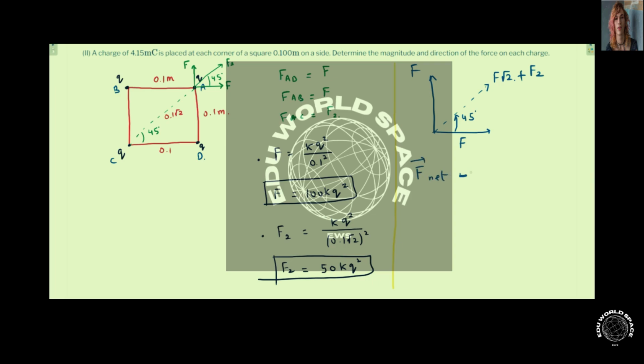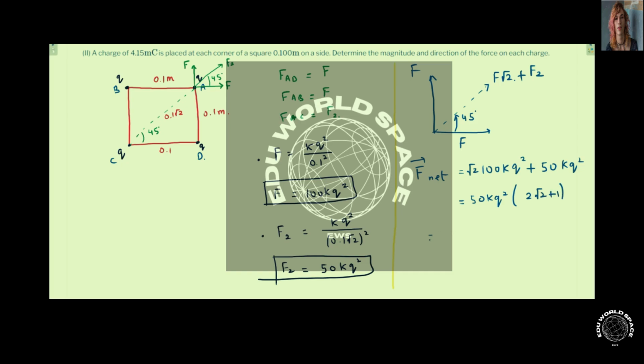So F net is going to be F root 2, where F is 100 kQ square, plus F2, which is 50 kQ square. So 50 kQ square is taken out, and we are left with 2 root 2 plus 1.